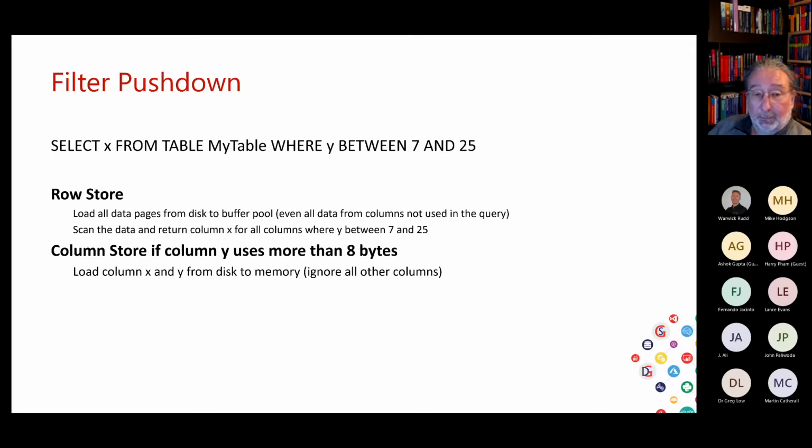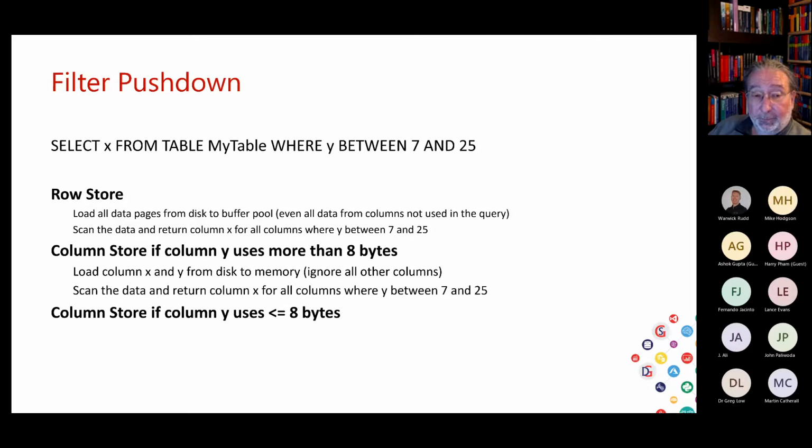And then ignore all the rows where the condition fits not the Y column, so that are smaller than 7 or larger than 25. In column store, if Y uses less or equal to 8 bytes, so for example, is a big int or an int, something like this, what then happens is the storage engine returns all the X values for all the rows that are between 7 and 25.